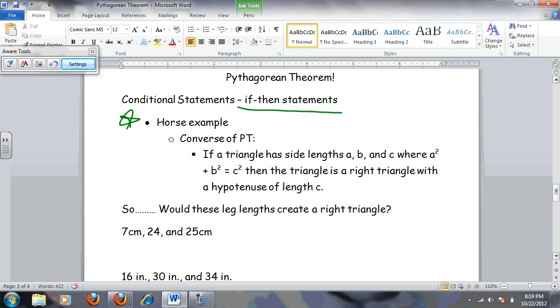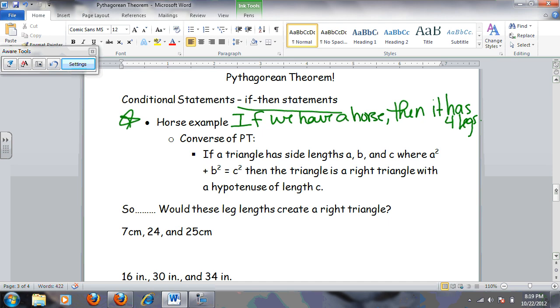It says, if an animal is a horse, then it has 4 legs. Is that true? If we have a horse, then it has 4 legs. Yes, a horse has 4 legs.